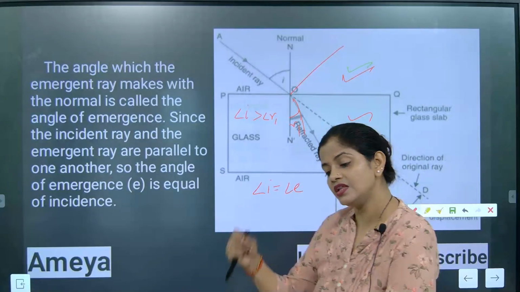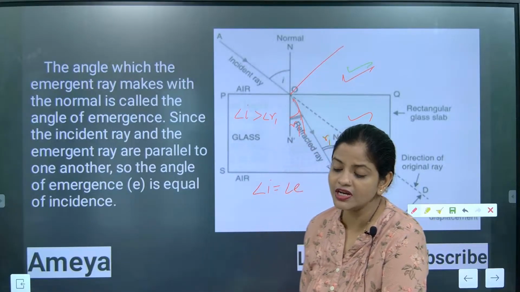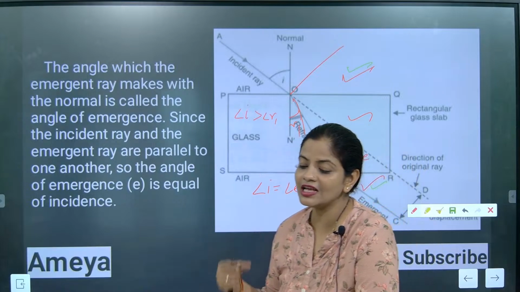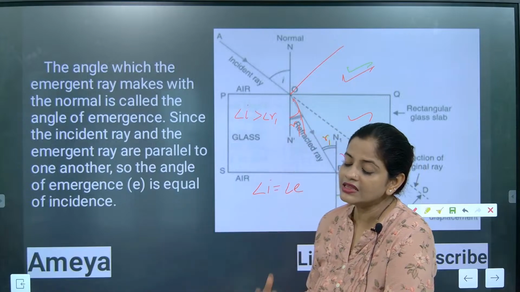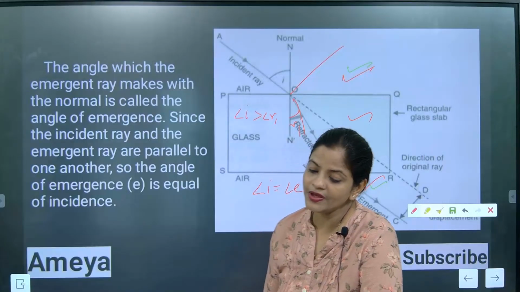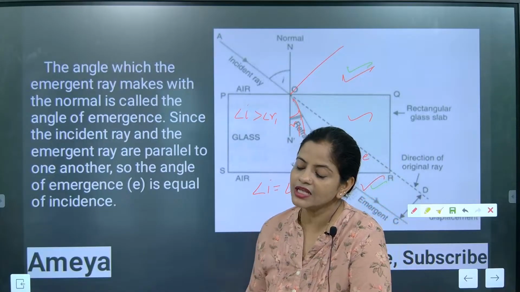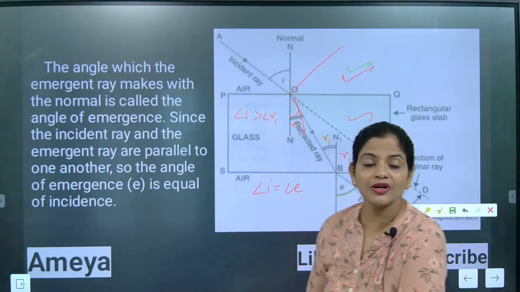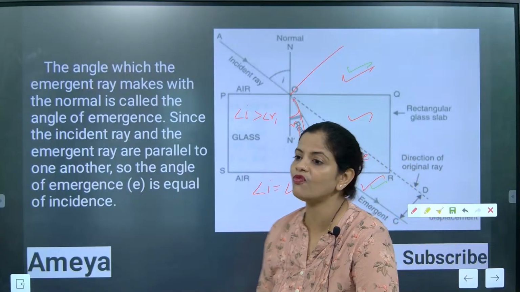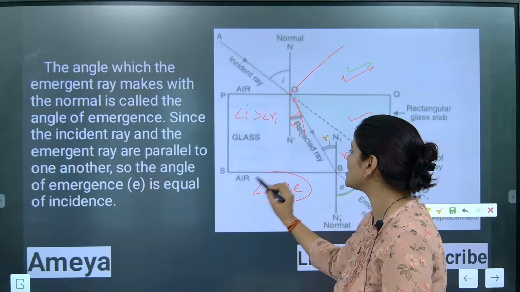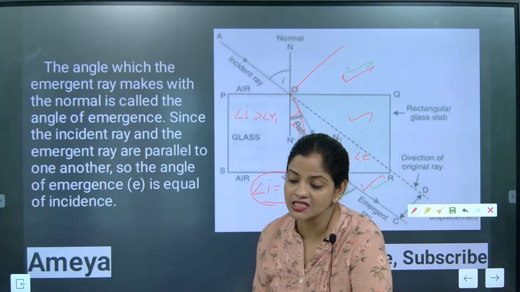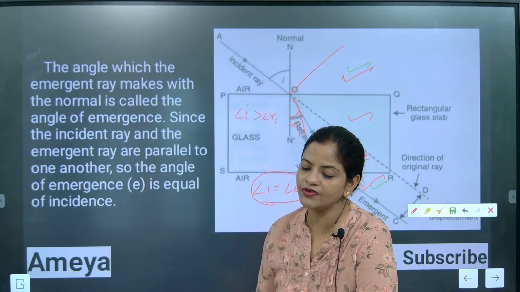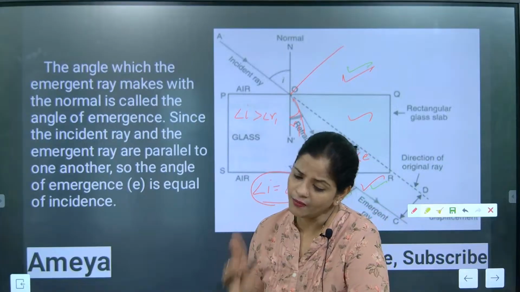When the light ray comes out from the medium again, it will go away from the normal. That time the refracted ray is considered as the incident ray, so the angle of incidence will be less and the angle of emergence will be more. But the overall conclusion, beta, is that the angle of incidence will equal the angle of emergence when the same ray comes out into the same medium after going through another medium.